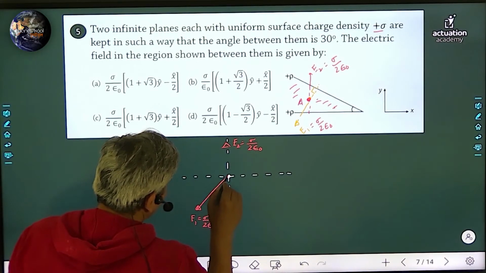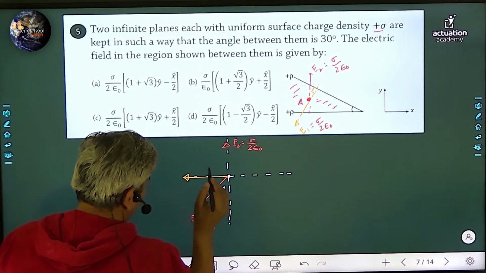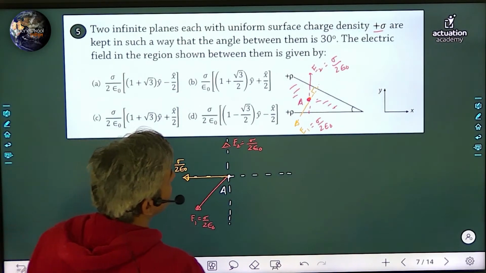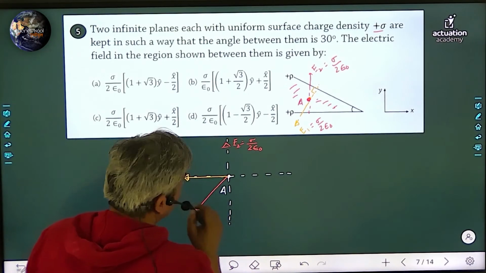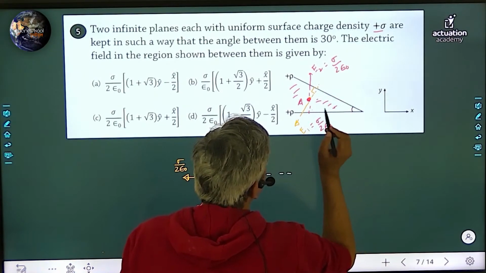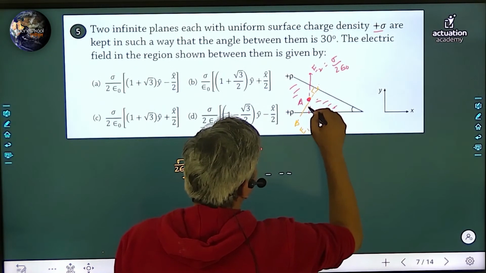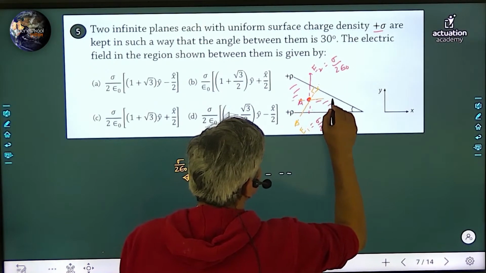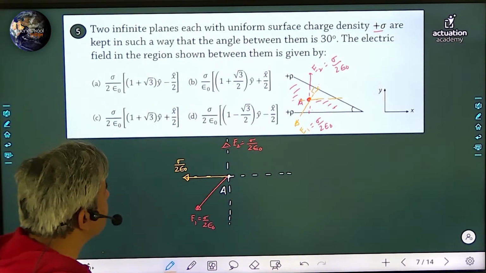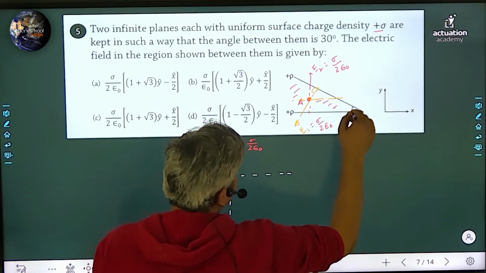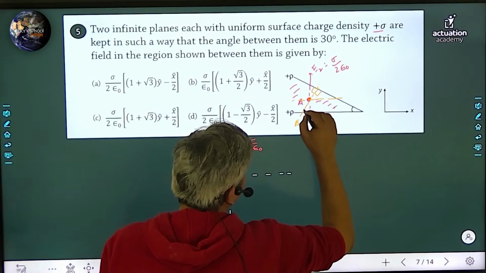Now the component of E1 in this direction will be sigma by 2 epsilon naught, and this angle is 30 degree. So let me just mark it. Okay. So this is perpendicular. So this angle, okay, this is E1, 90, and this is 60.